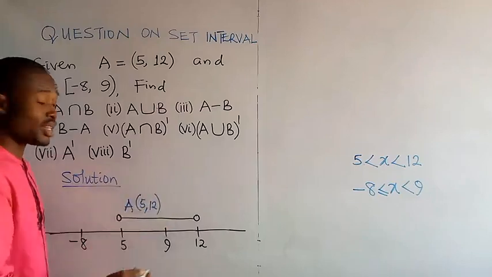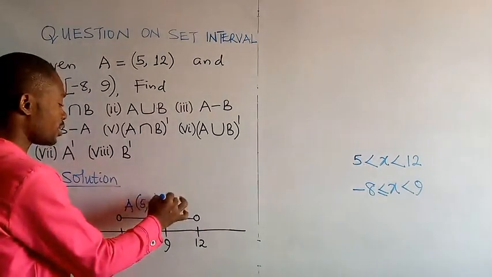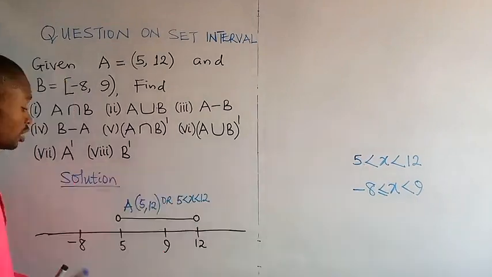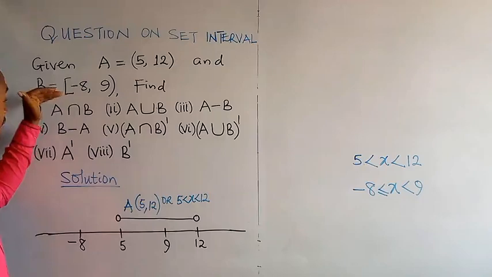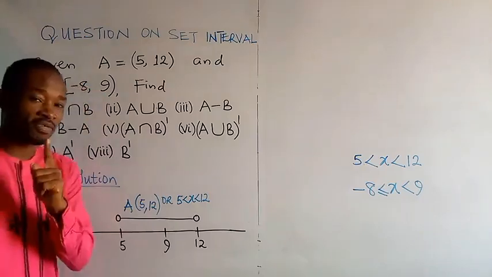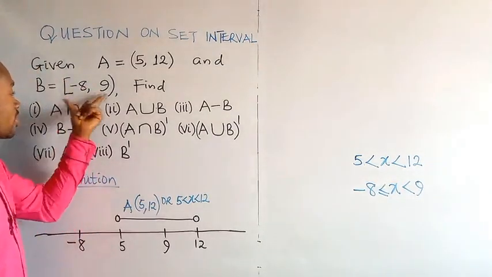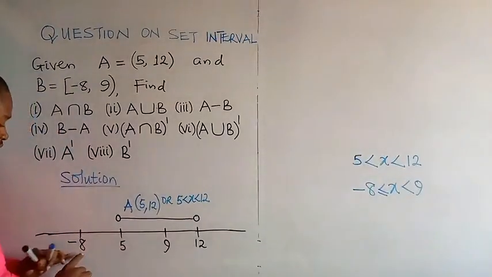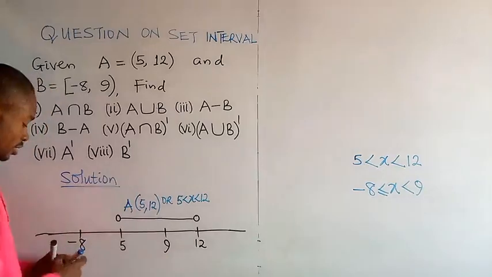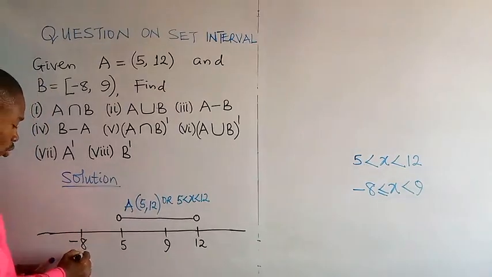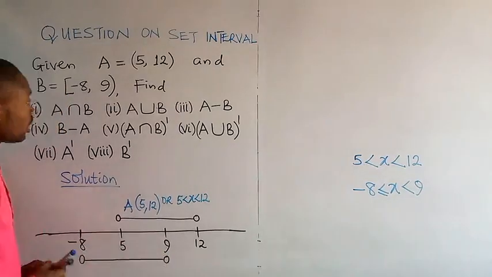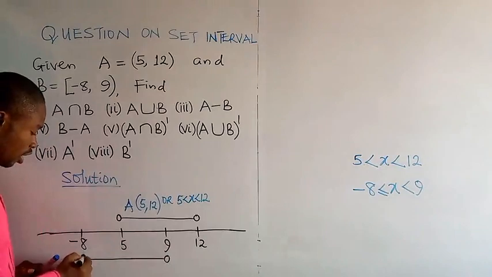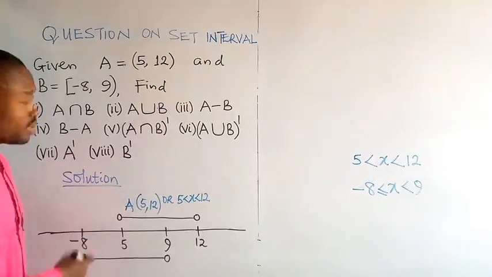And like I said, you can still represent it in inequality form. Then we are going to look at the set interval for set B. You notice it is -8 and 9. So I'm going to locate -8 and I will locate 9. Permit me to draw the number line below. I am going to shade this circle of -8.